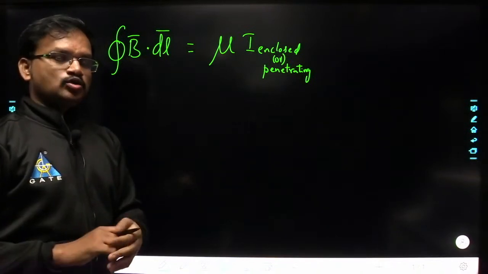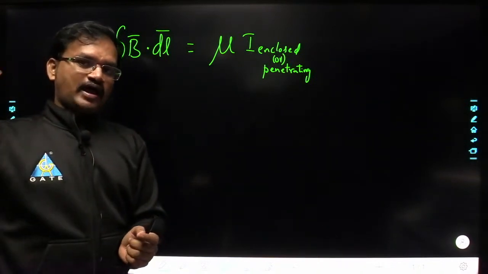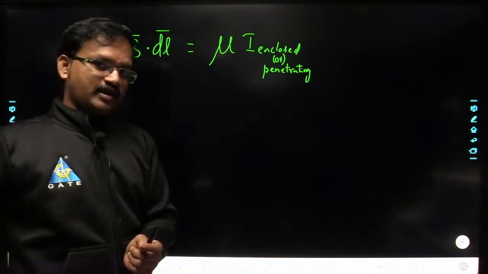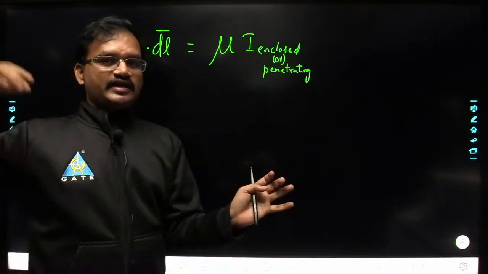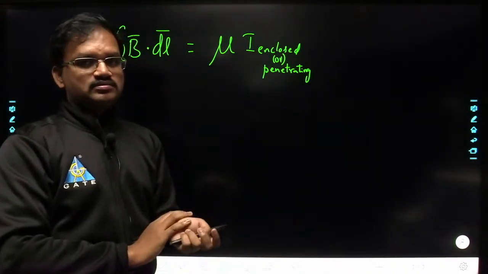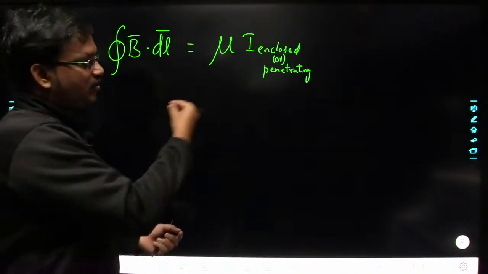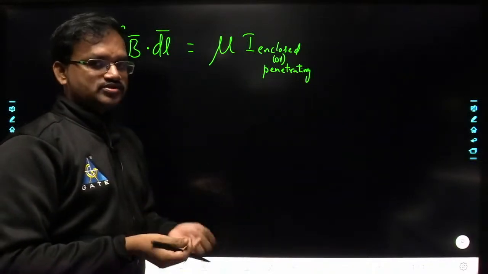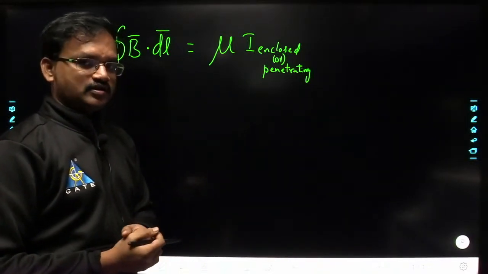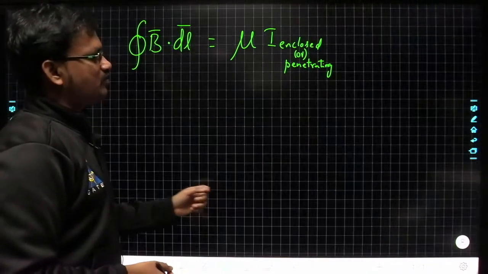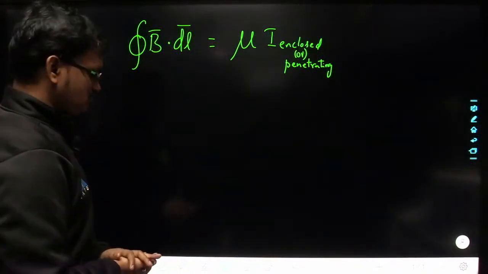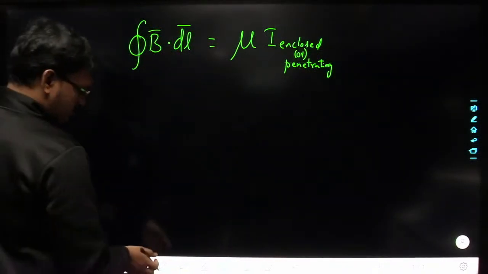Throughout the subject, whatever I have explained in the starting lectures, their application will be present. If you don't understand those things clearly, you will definitely get doubts here. So please go through those lectures, they are very, very important here, right?